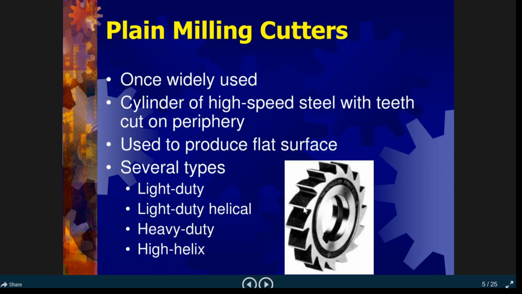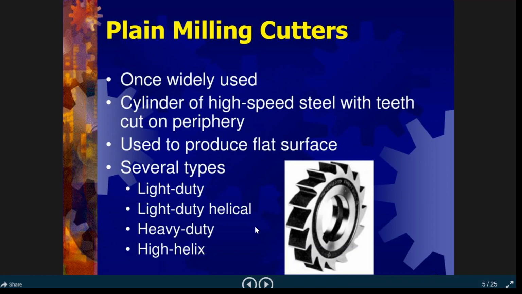Both are available, and this plain milling cutter is also known as a slab cutter. It is widely used for generating flat surfaces on a horizontal milling machine, where the arbor is there. The arbor holds the cutter, and in the horizontal machine the axis is in the horizontal direction.